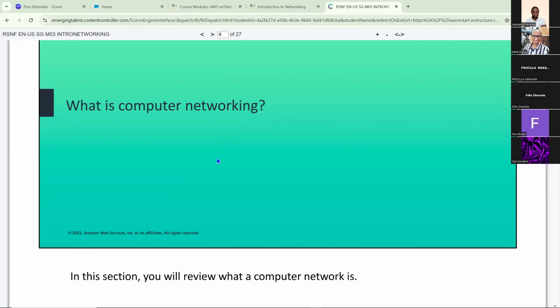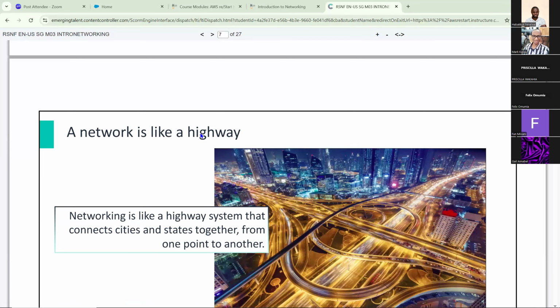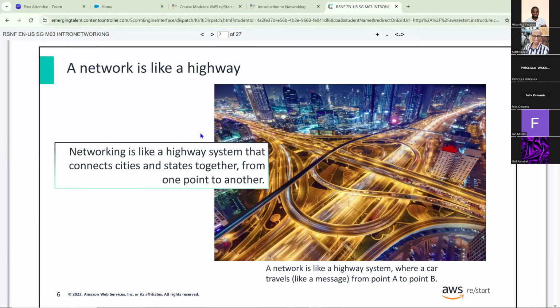Now, everything that we've discussed so far was meant to bring us to this place, where we are now talking about computer networking. So when we try to think about networks on a higher level, you remember what we told you, that we try to explain IT concepts using things that are familiar to us.